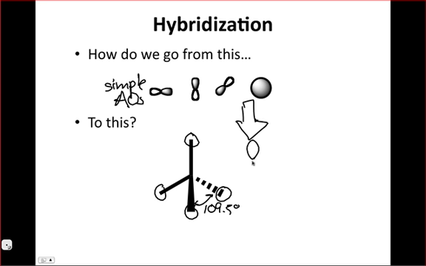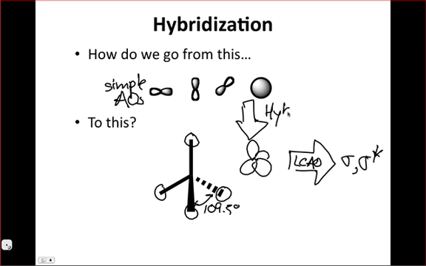And what we get out is 4 orbitals in a tetrahedral geometry that we can then use in LCAO to form sigma and sigma star orbitals. Right? So hybridization is really the key to thinking about the molecular orbitals of larger organic molecules, and really molecular orbitals of compounds involving carbon can always be simplified using this concept of hybridization.